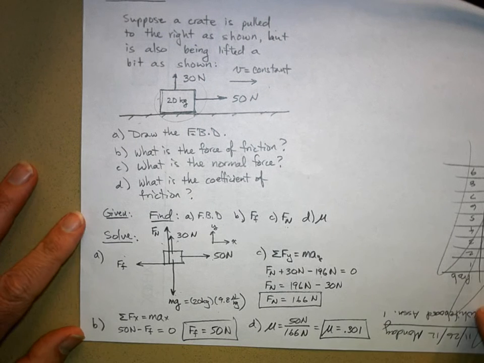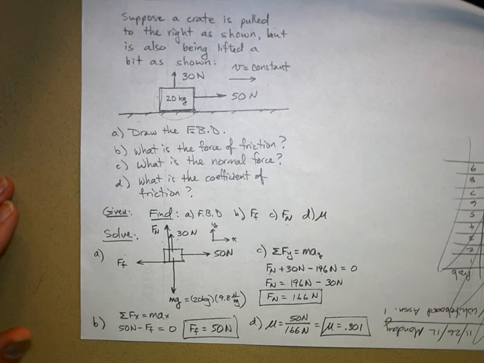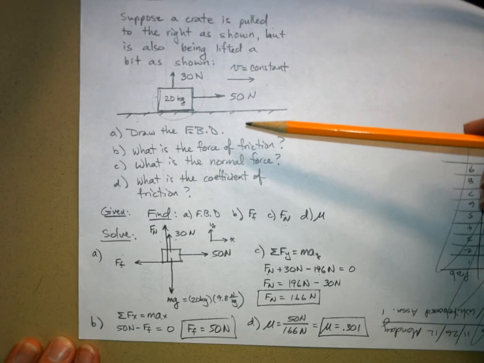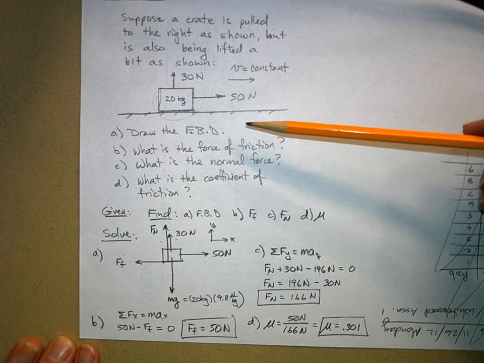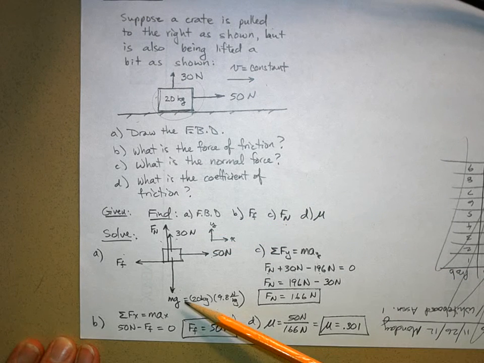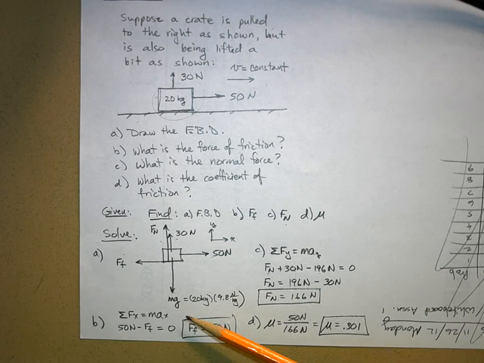Okay. Now, here's the big idea and why I gave this. This is a good review of the last unit, but also we need to now be very careful about summing the forces in the y direction, because in the stuff that we've been doing, the normal force has always been equal to the weight. I mean, that's when we've had a crate problem. It's like the normal force is always equal to the weight.